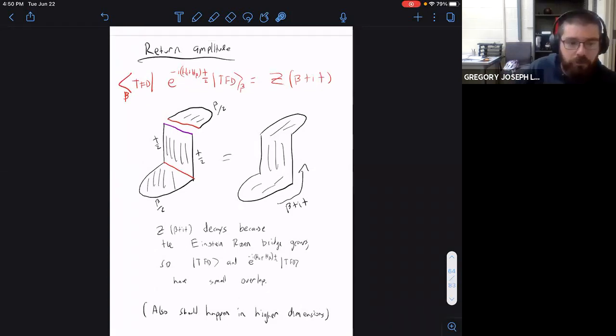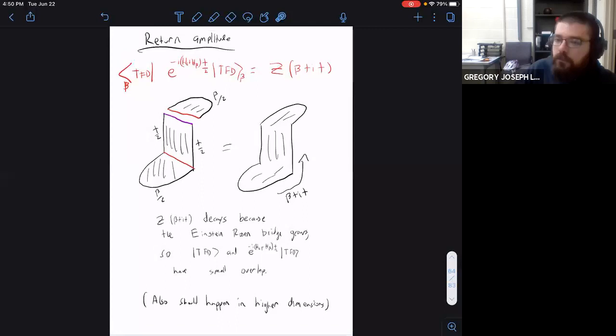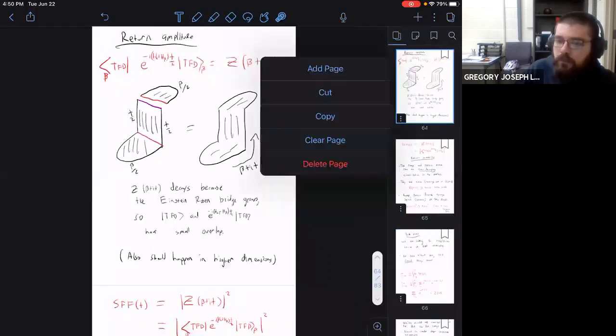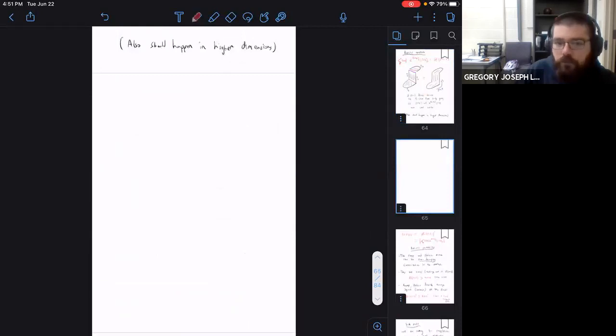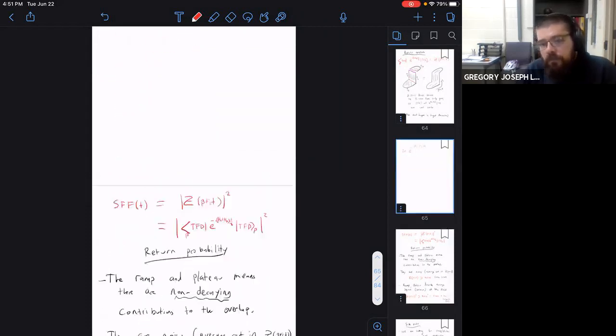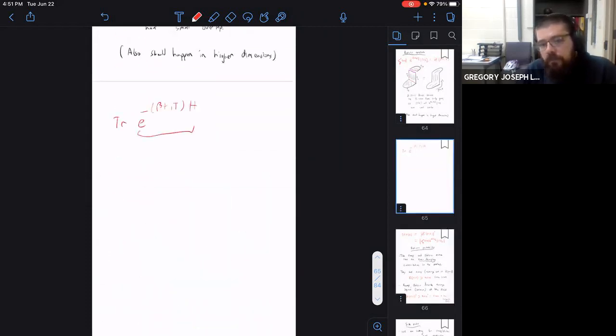You can think about it as, maybe it's important enough I should mention it. I'm going to make a little new slide real quick. So what we're doing is we're looking at the trace of e to the minus beta plus it h. To turn it into a path integral, you partition this thing up into little bits.